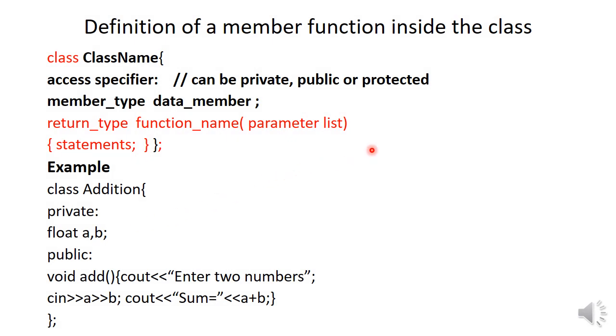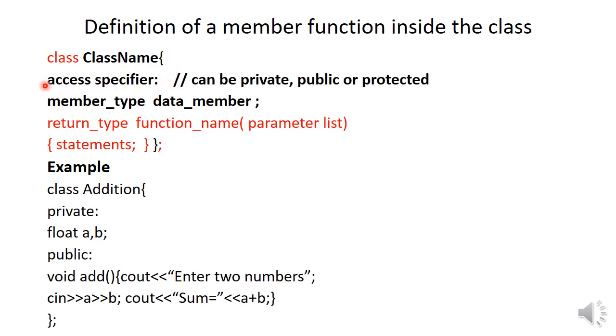So we can define a member function inside the class or outside the class. Let us discuss those two types of member function definition. First, let us see how we can define the member function inside a class. We have the keyword class and the class name. Inside a class we have an access specifier.